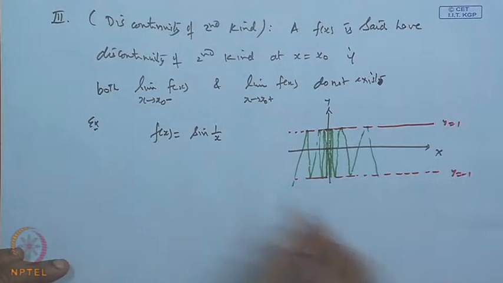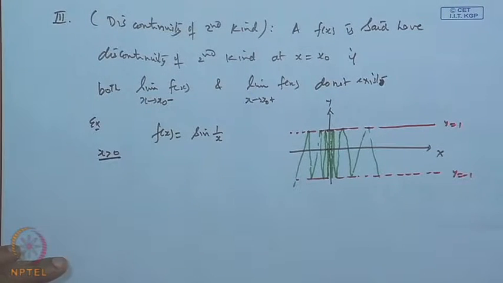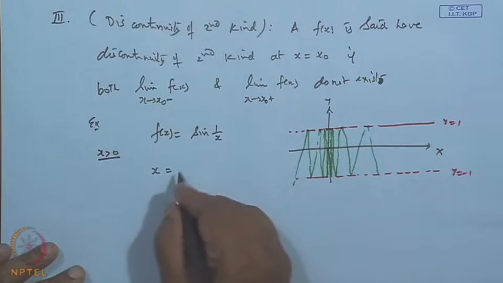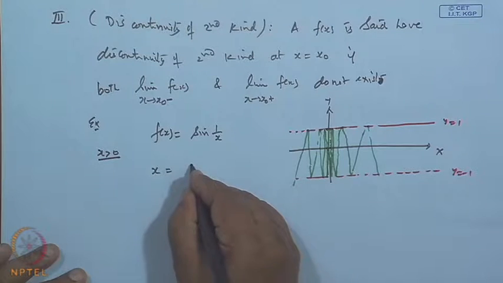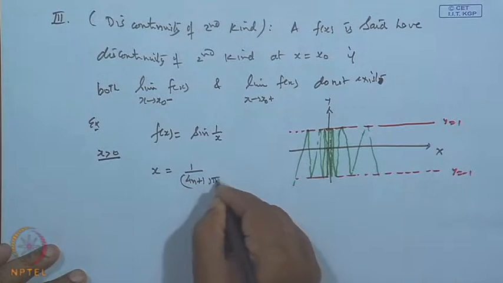Let us see, suppose I take the positive side. First take x greater than 0. Then take x equal to 1 by (4n plus 1) pi by 2.